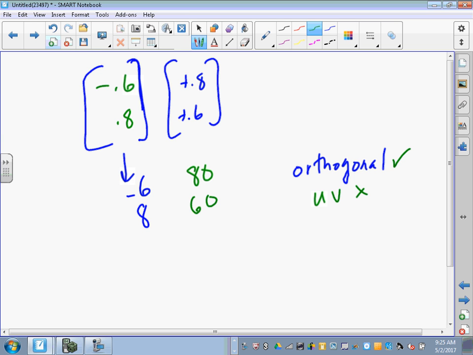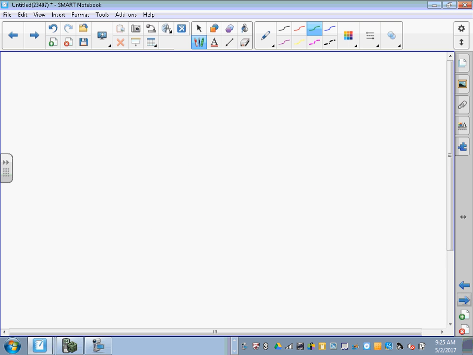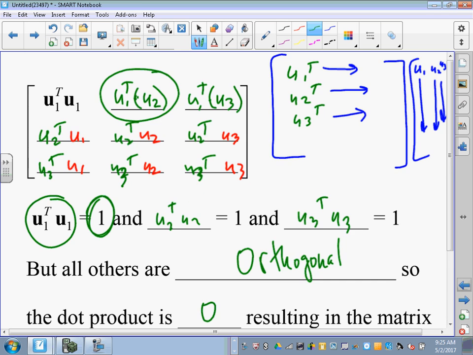But I can take any vector that is orthogonal, and I can make it orthonormal, right? I can make them unit vectors. 3, 4, 1/5 of that, right? Are we good? And that's how we got the 0.6 and the 0.8, negative and positive.